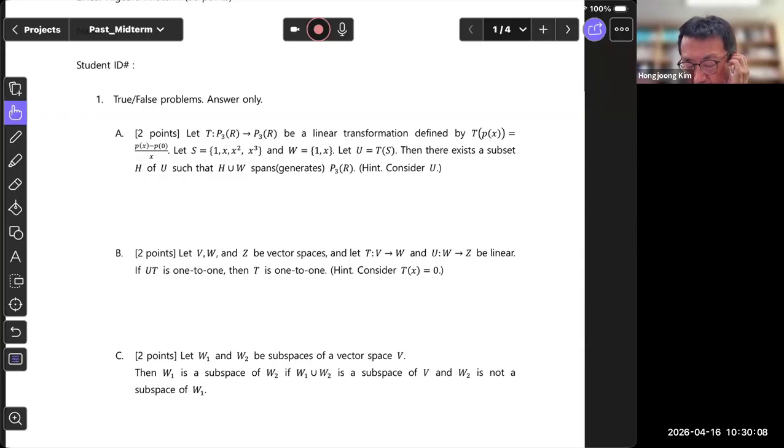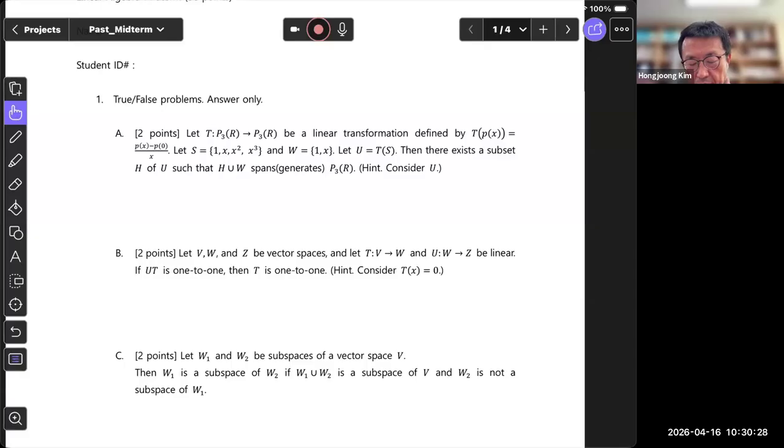Okay, so here are some sample problems. These are the problems I used in the past. I'm just showing you some difficulty of the problems, so something like this will be given in the exam.